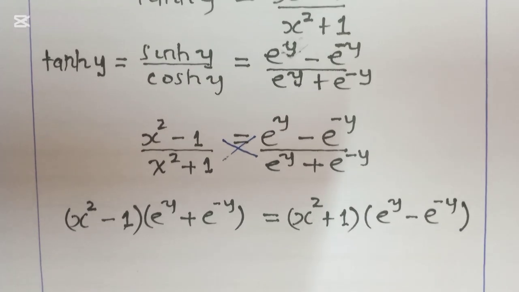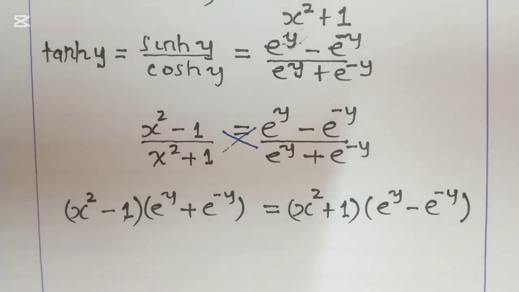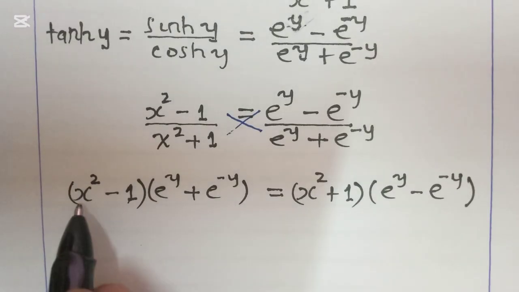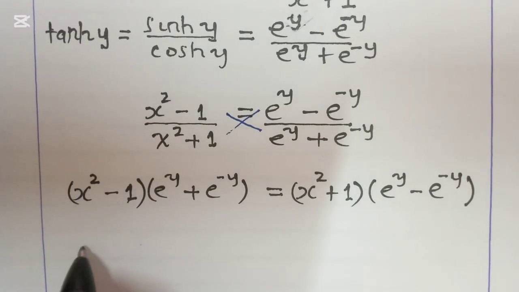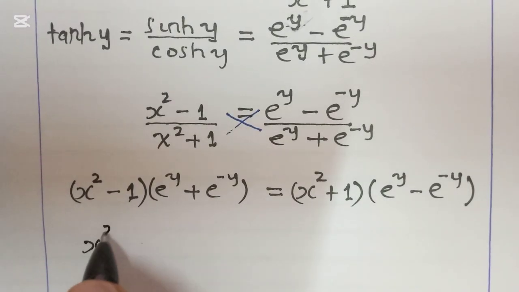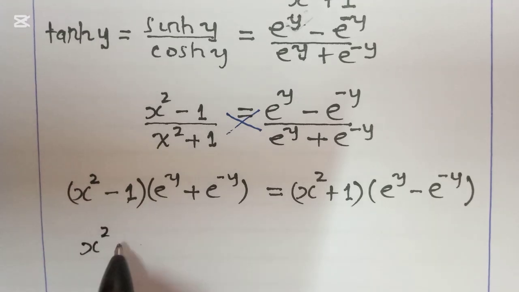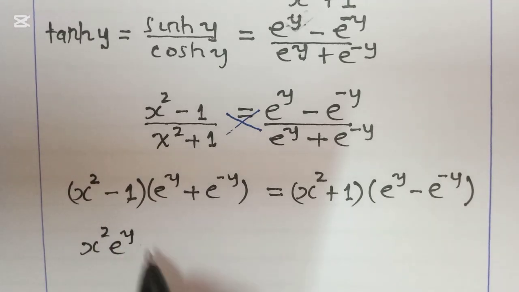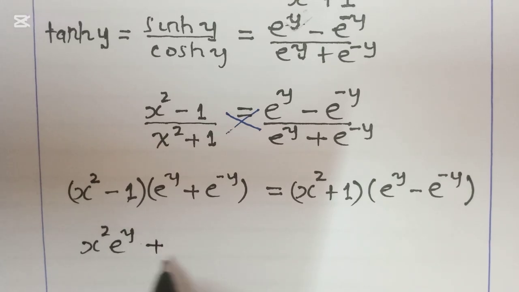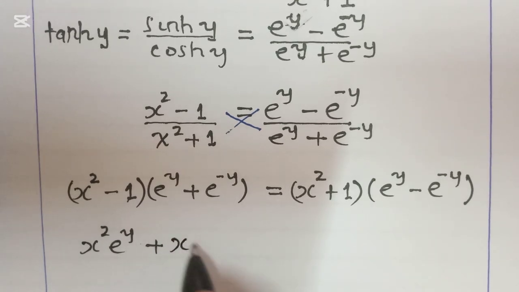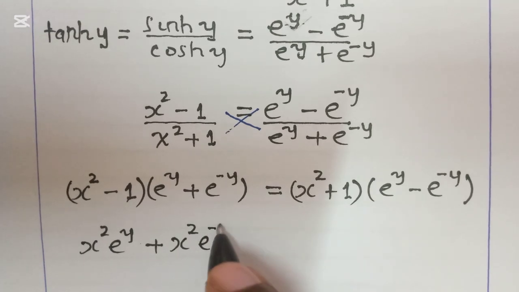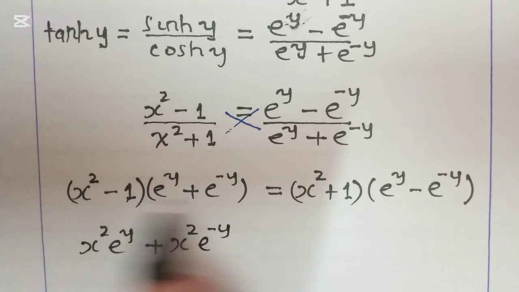So guys, we now go ahead and multiply them together. When we do that, here we shall have x squared e raised to y plus x squared e raised to negative y. That is that and that.